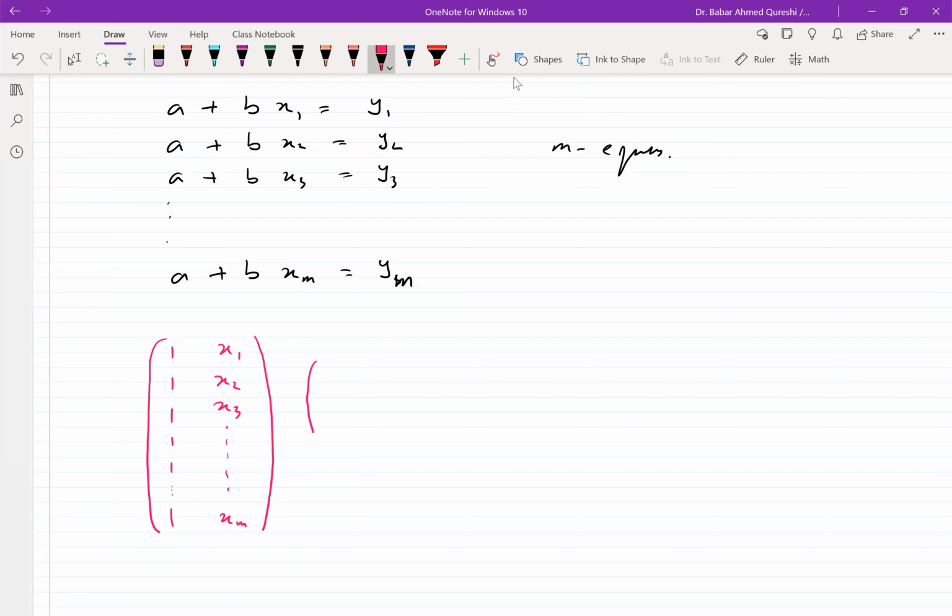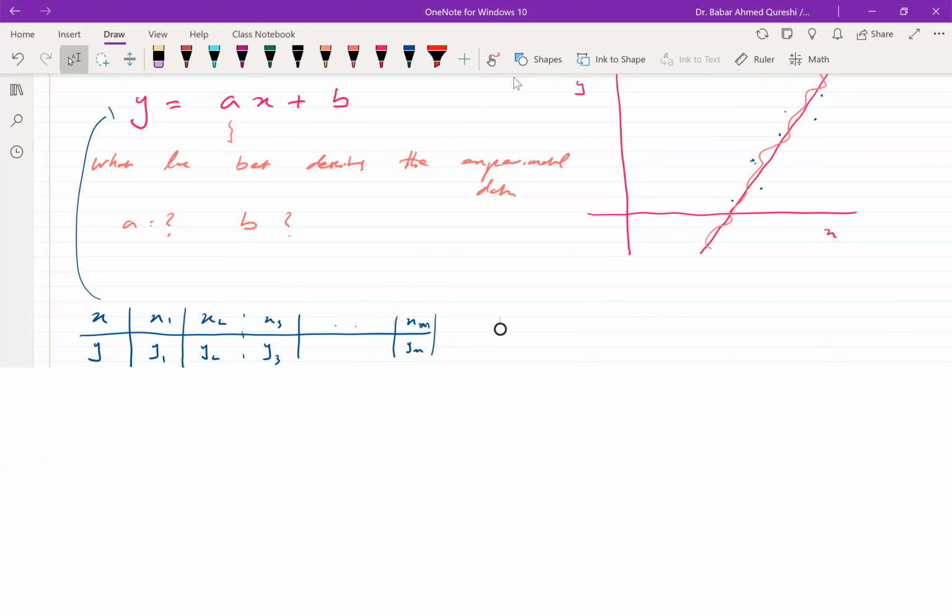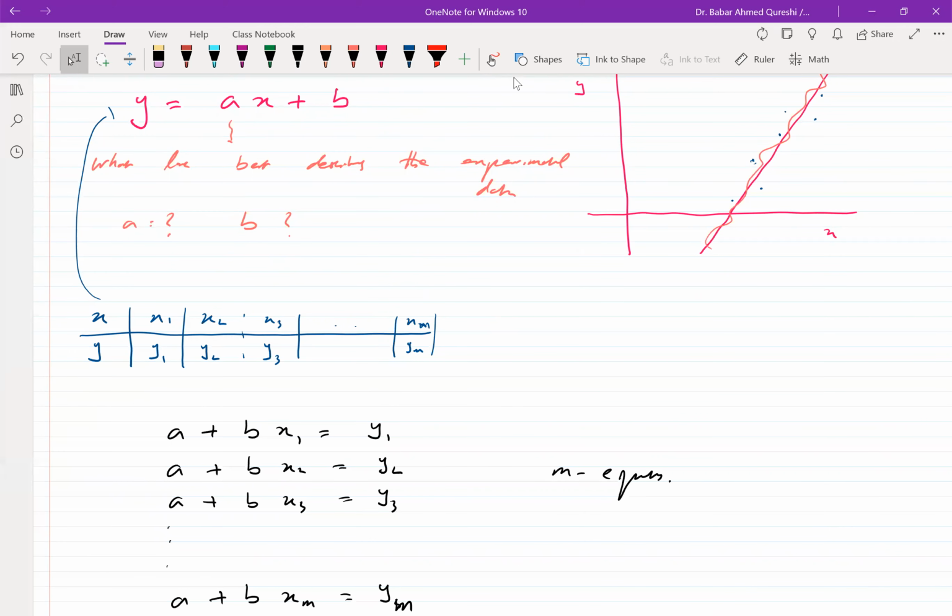Wait, was I writing like this? Sorry. I should have called this. When I put this data up there, these are A's according to this. And these are B's.